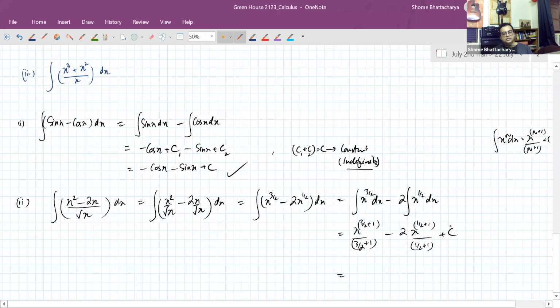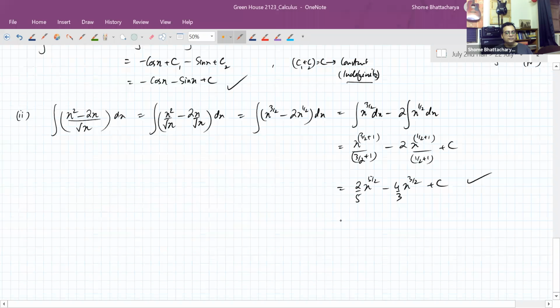So it becomes, again, I've written the single combined constant instead of C1, C2, 2 by 5 x to the power 5 by 2 minus 4 by 3 x to the power 3 by 2 plus C. So the answer is okay as far as this is concerned. You can leave the answer this way, or you can simplify it a little more if you like.